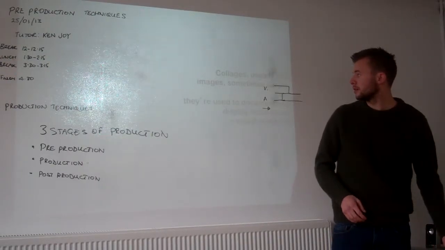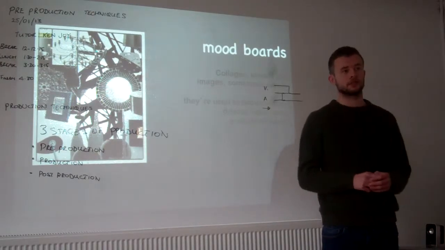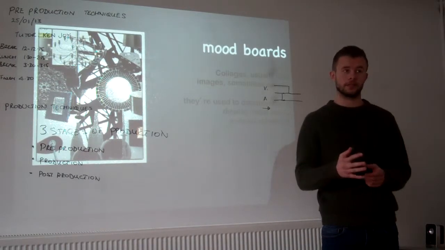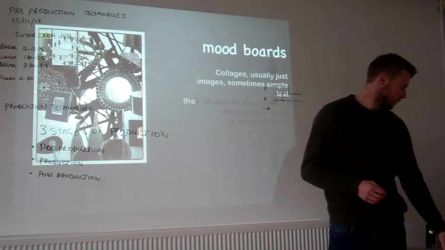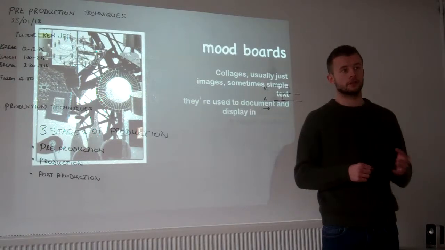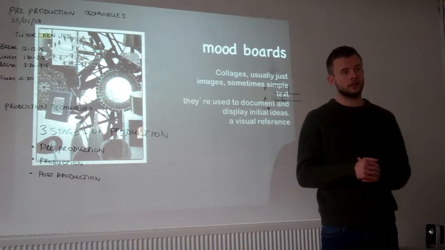These can often start off with mood boards. Mood boards are basically a collection of visual ideas, initial ideas, usually collages or simple images, simple text, just to get across what your brain is doing and put it onto paper so everyone else can see it.